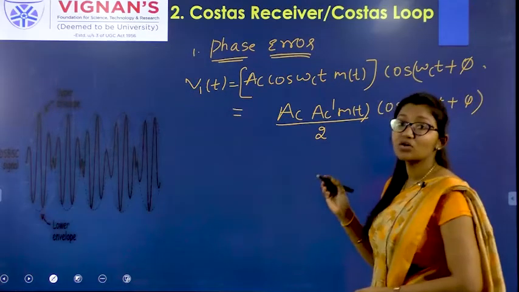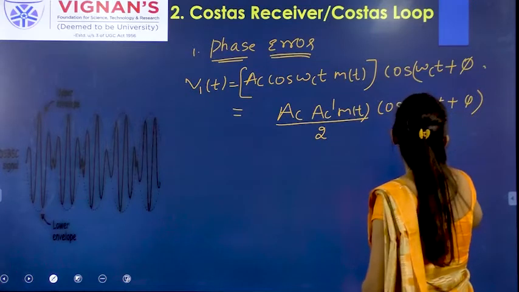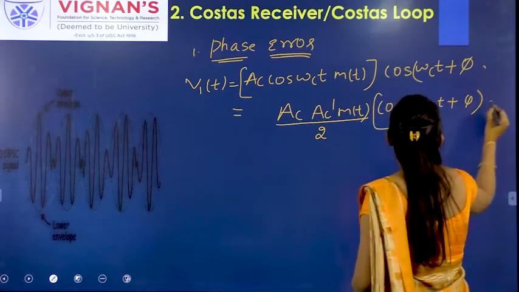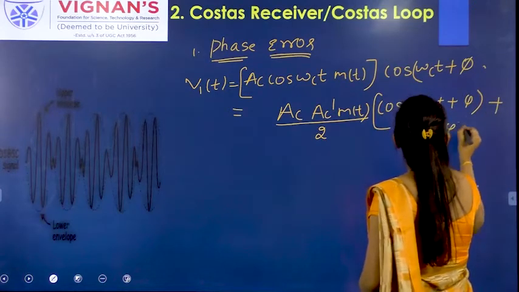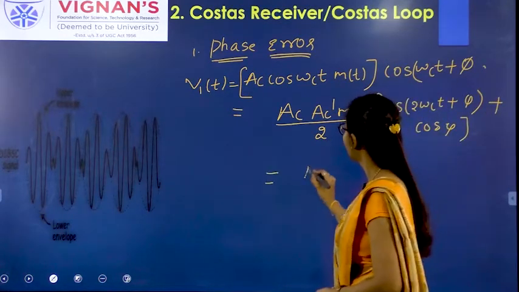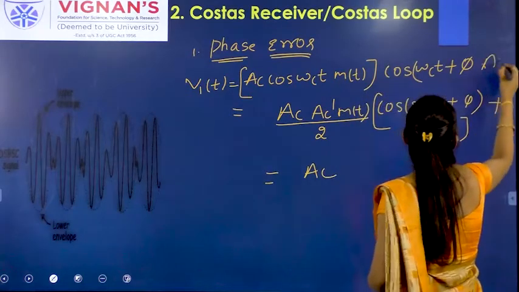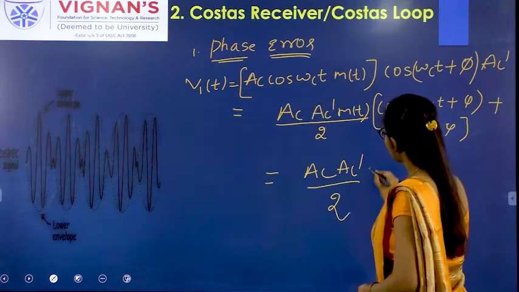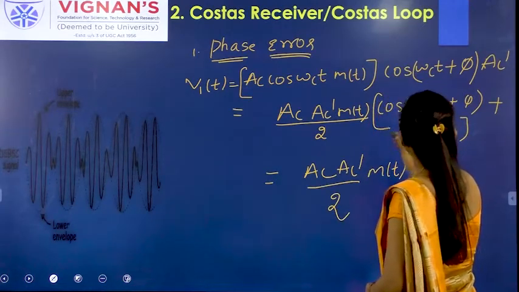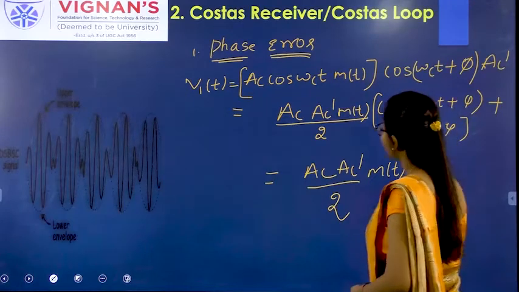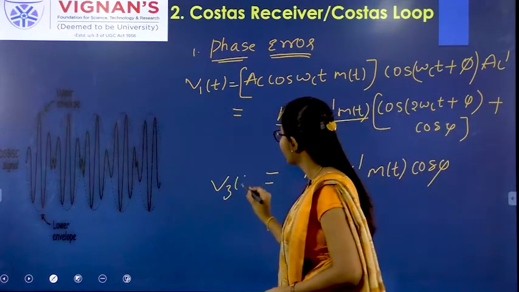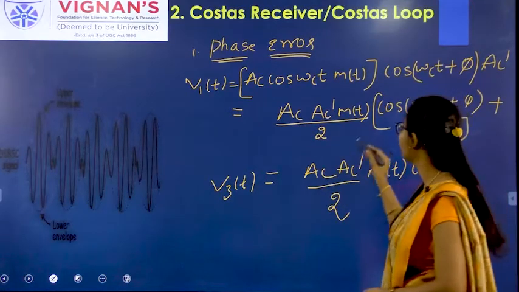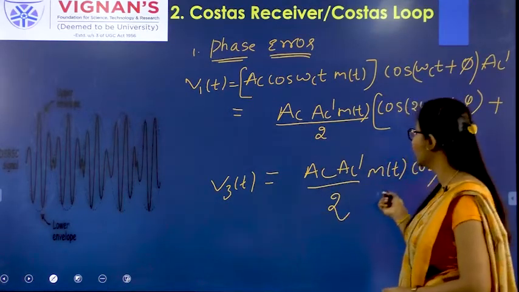Using 2 cos A cos B equals cos of A plus B plus cos of A minus B, plus cos pi. So finally you will get m of t cos pi. This value will be V3 of t, right? Half AC dash m of t cos pi, that is V3 of t, after passing through the low pass filter.